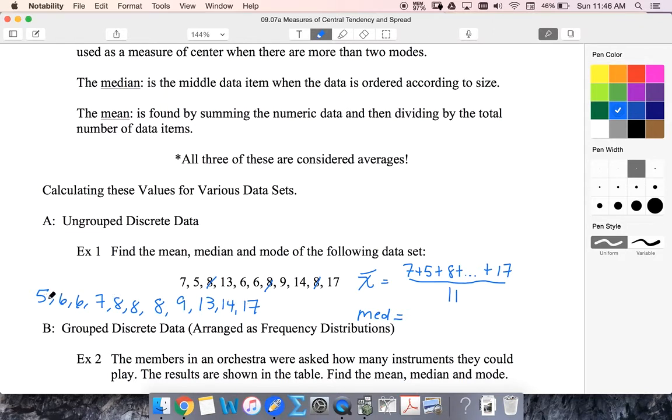The one in the middle: if I get rid of the first 5 and then get rid of the last 5, here's my middle, and it's 8. All right, mode, the one that appears most frequently, is also 8 because that occurred 3 times. 6 occurred twice, but my mode was 8. So that's how we do this for an ungrouped data set.